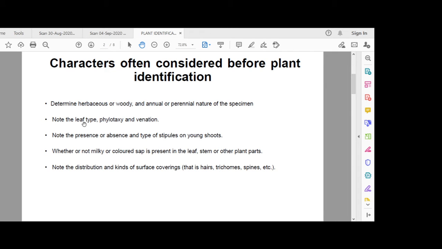Determine whether the specimen is of herbaceous habit or woody, whether it is annual or perennial in nature. Next, note the leaf type. Is the leaf simple or compound? When compound, what type of compound leaf is it? Then phyllotaxy, which is the arrangement of leaves on the stem. Then venation, whether it is parallel or reticulate.